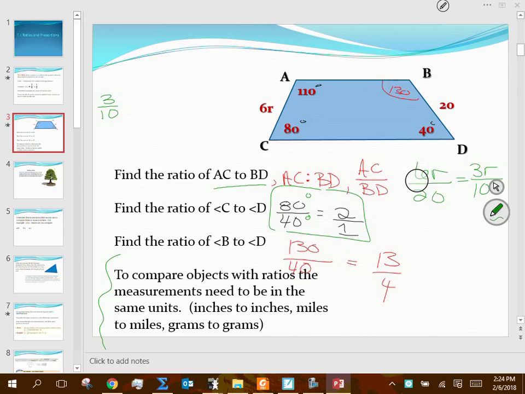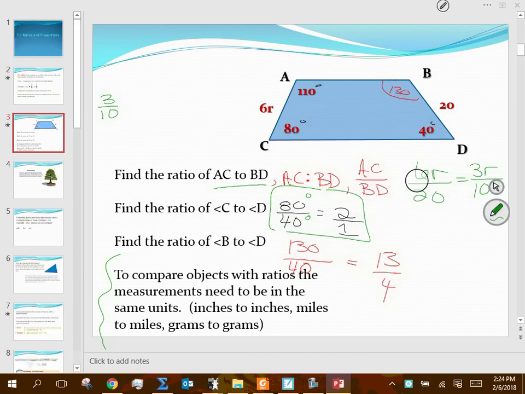It means that one of my angles is twice as big as the other, in total disregard to the units that we use to measure the angle. If my units were in degrees, I know that one of them is twice as big as the other in degrees. If the measurement we use is radians, which is another type of unit we use for angles, then I would know that angle C is 2 times angle D in regards to its radians measurement.